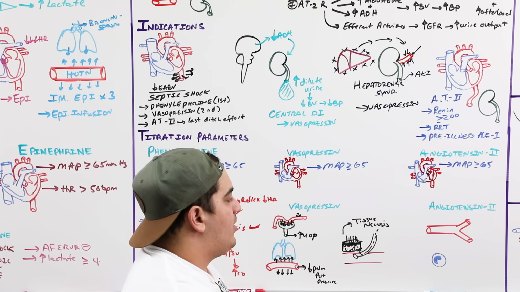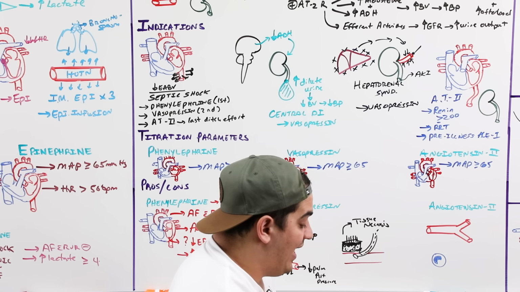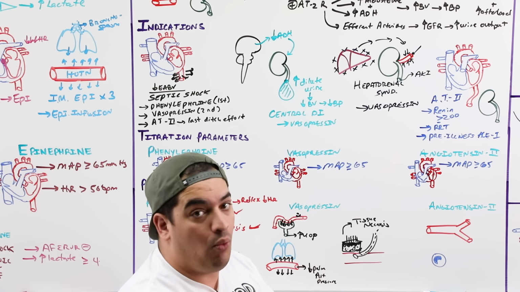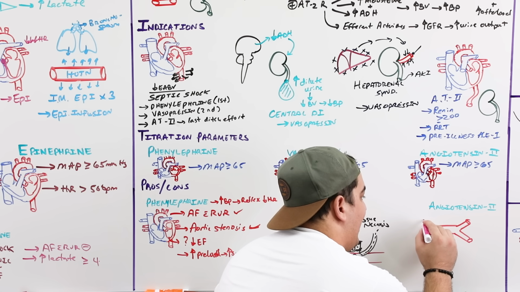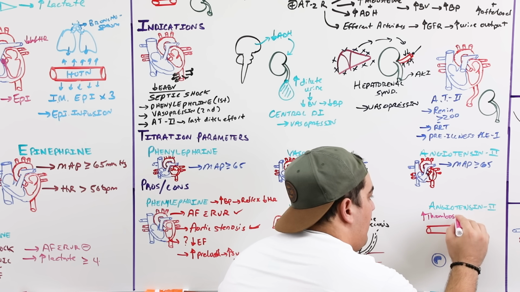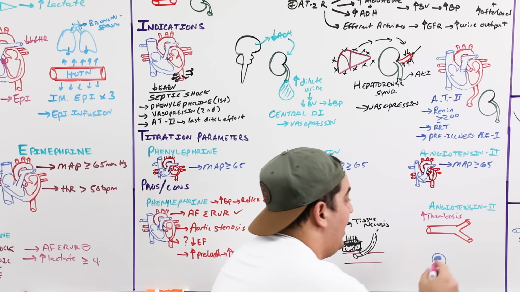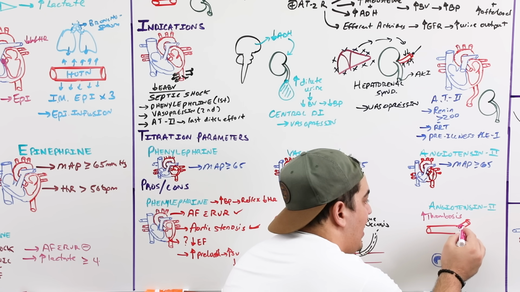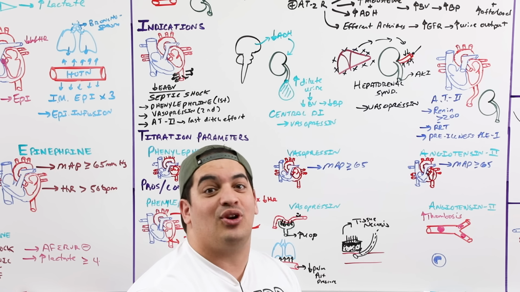The last thing I want to talk about is the potential cons of angiotensin-II, and it does have a lot, and that's why we don't think that it's this beautiful wonder drug. It's been shown that it can increase thrombosis. Okay, it may increase the activity of the coagulation cascade, and by increasing that activity, it can lead to a prothrombotic state and increased risk of clots.